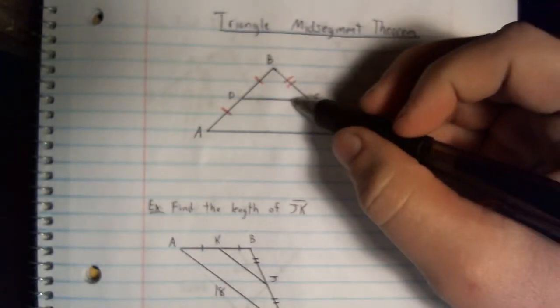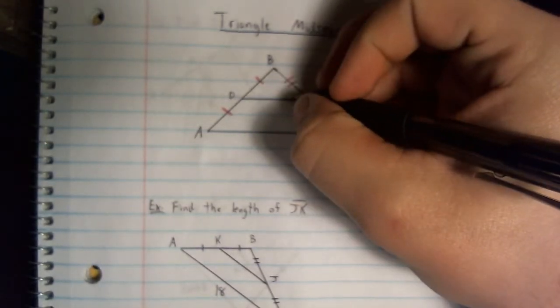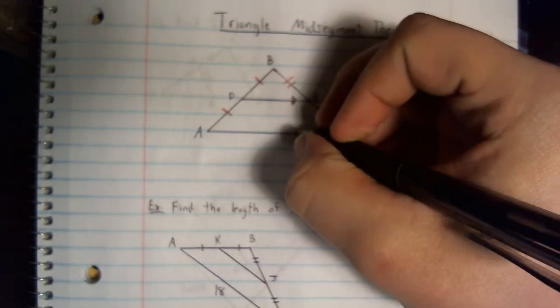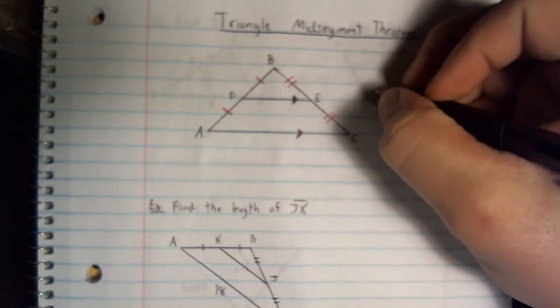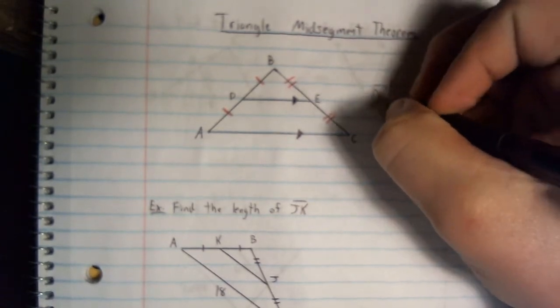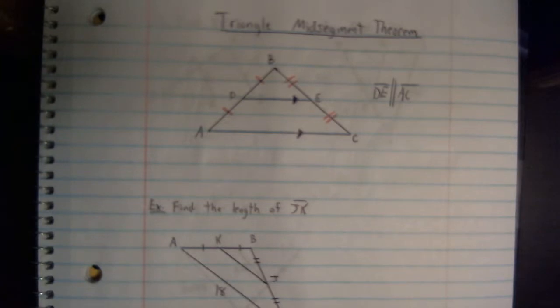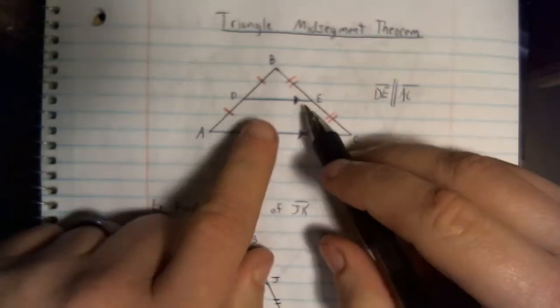Now, the two things that we get from this: first is that the segment that's created is going to be parallel to the opposite side. So we get that DE is parallel to AC. But what's even more important about this particular theorem is the length.